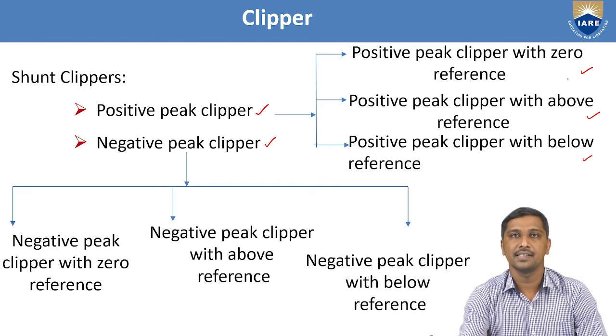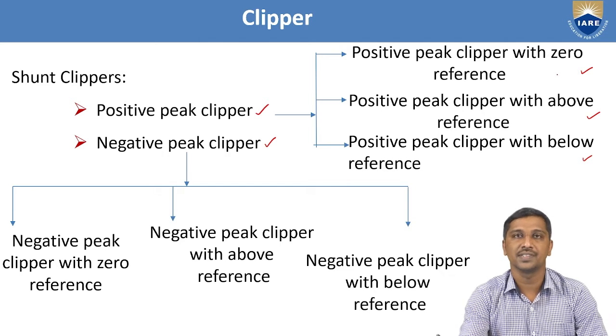If the DC signal is zero, meaning we are not applying any DC signal across the diode, the circuit is called a positive peak clipper with a zero reference.